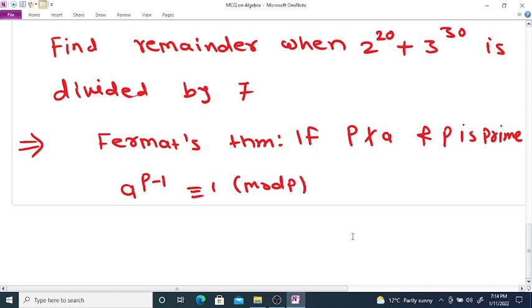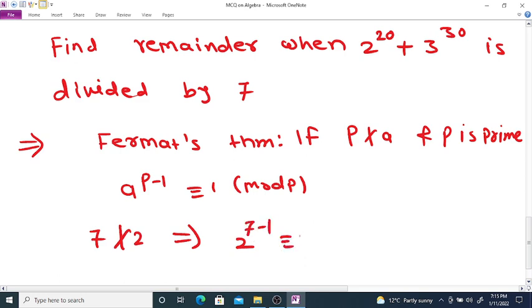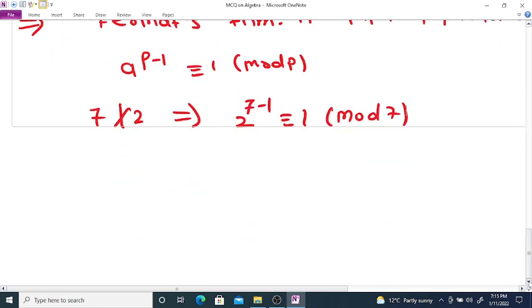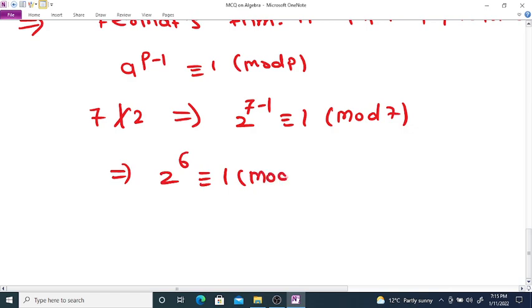Hence here, since 7 does not divide 2, this implies 2 raised to 7 minus 1 is congruent to 1 modulo 7. So this is 2 raised to 6. This implies 2 raised to 6 is congruent to 1 modulo 7.